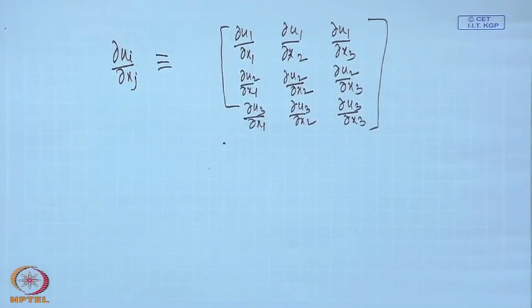So, d u i d x j is the velocity gradient tensor, it is a tensor, it has 9 components.